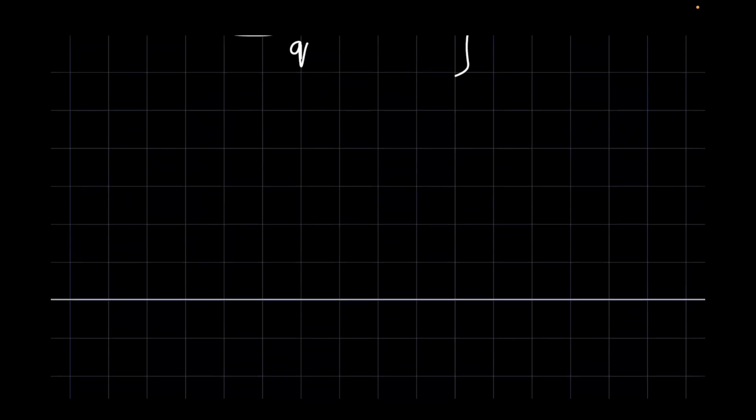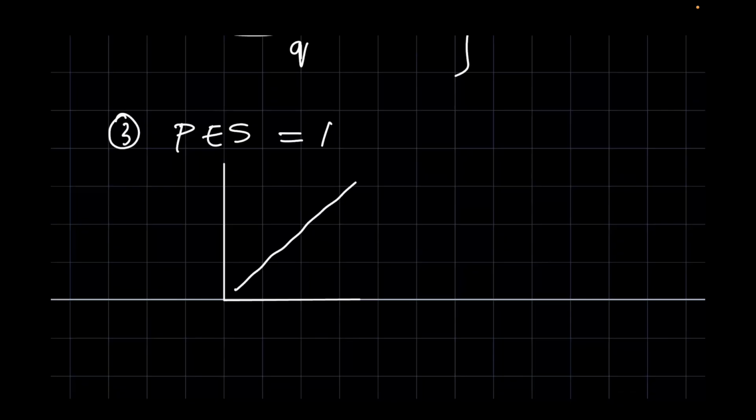Now, the third degree of elasticity is when PES equals 1. What does this mean? If you remember, in the case of PED this is when the diagram of demand is 45 degrees. Quite similarly, in this case, supply should also be about 45 degrees.